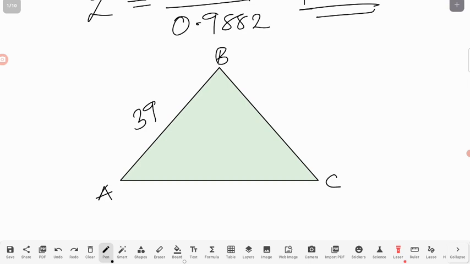We have a 39.4 centimeters side. This is an angle. We have 96.2 degrees, so that is C. We have 11.2 centimeters.